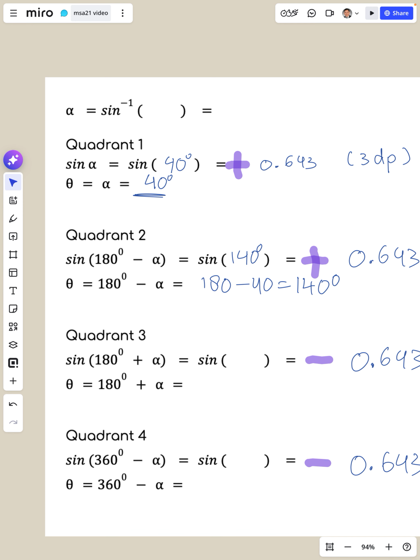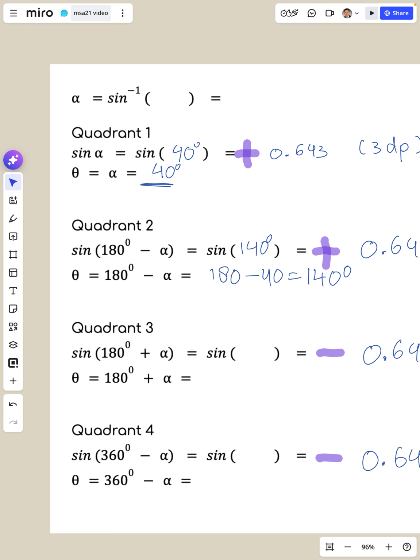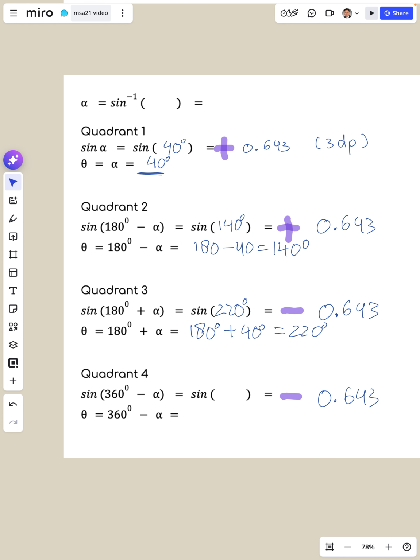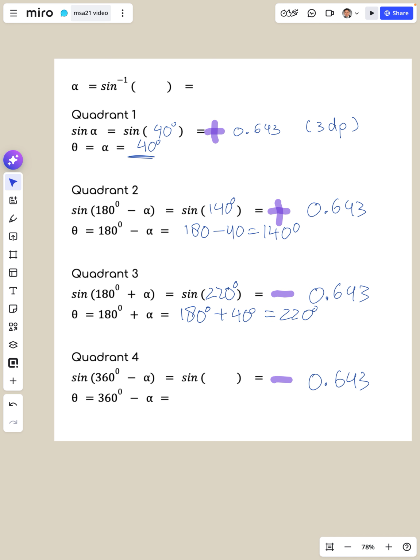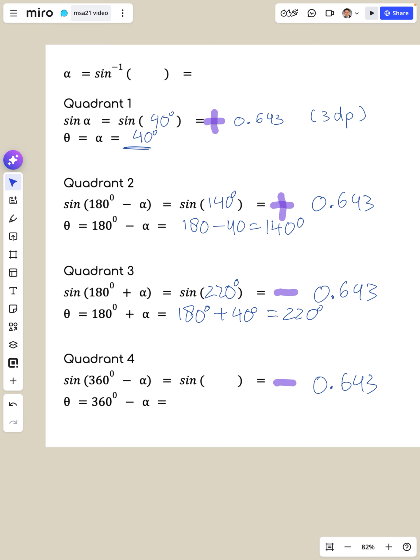For quadrant 3, the angle is 180 degrees plus alpha, which is 40, so which is 220. So 220 degrees here. Sine 220 is equal to negative 0.643. How about quadrant 4?